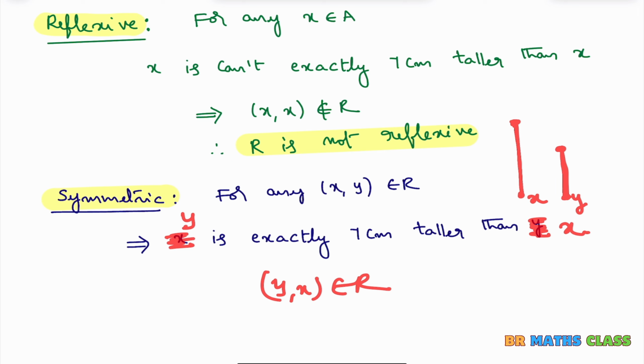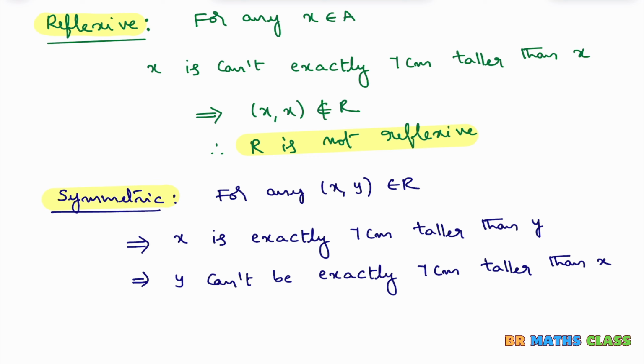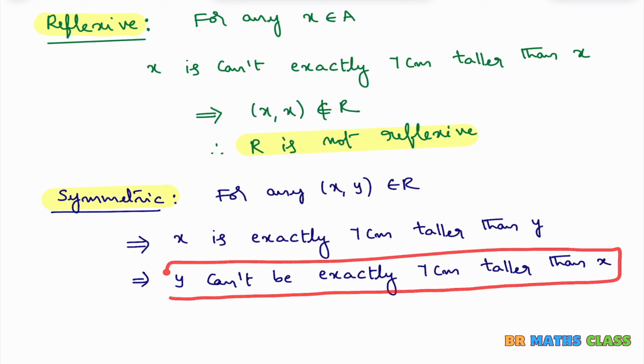If we speak correctly, y is exactly 7 centimeters shorter than x. It is not possible for y to be 7 centimeters taller than x.